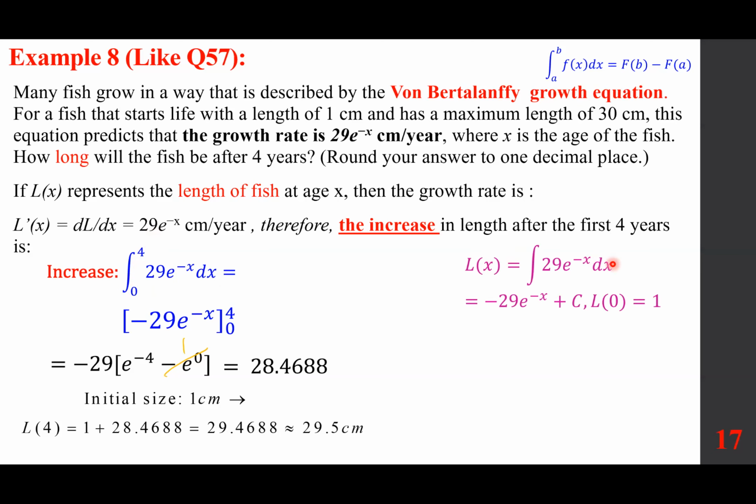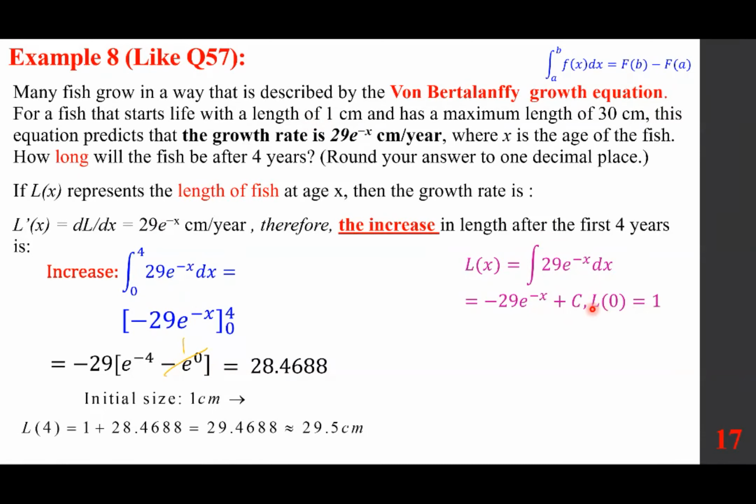So when we integrate that, we get this one plus a constant, because this is a definite integral, this is not. But this is an initial value problem because they said L of 0 is 1, right? L of 0 is 1.